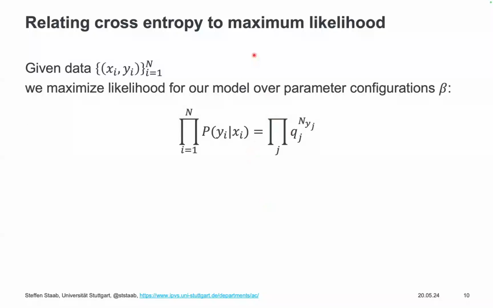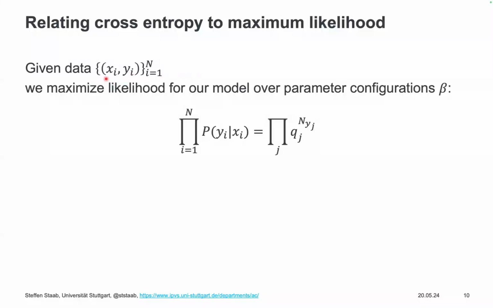Now, what we typically want to do is, as I said already, we have some empirical distribution in form of our training data described by xi's, yi's. And now we want to have a model that correctly predicts this training data, which means that our predictions should report the same distribution as our training data reports.